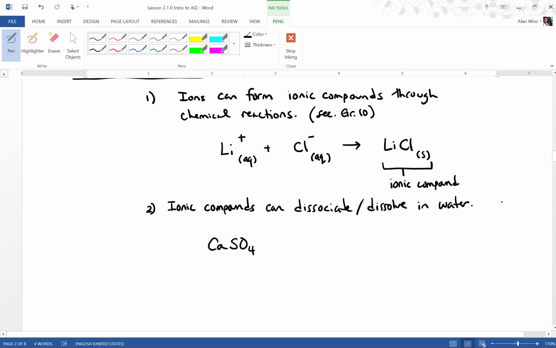Calcium sulfate as a solid, if you add water to it, like this, you're basically splitting the metals and nonmetals apart to form Ca2+, which is aqueous, and you have the complex ion of SO4 2-. That's also aqueous. So you've made a solution. So a solution is made.